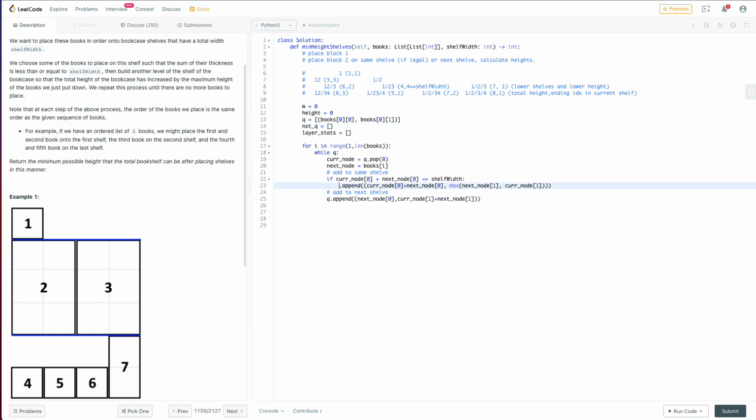So instead of Q append, I'll just do next Q, which is our fringe layer. And then here we'll say that.